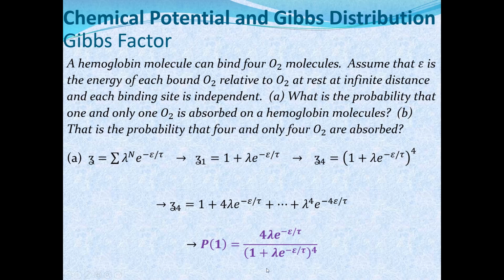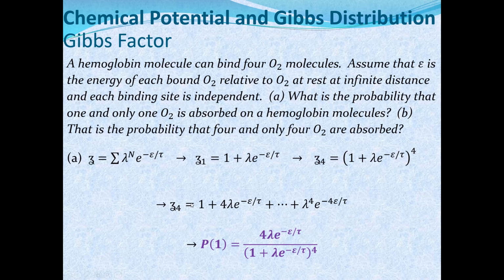Now, one way of realizing how we came up with this is that this equation, when expanded out, basically tells us everything. Remember, the grand partition function is a combination of all the Gibbs factors for each different state.